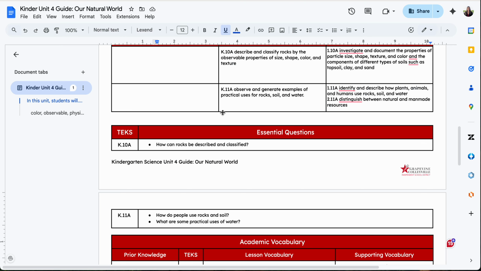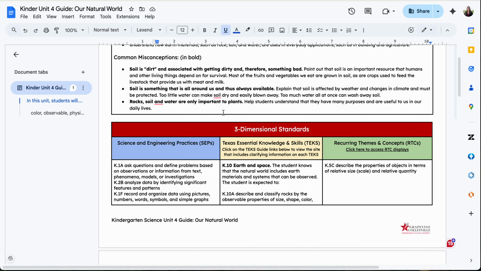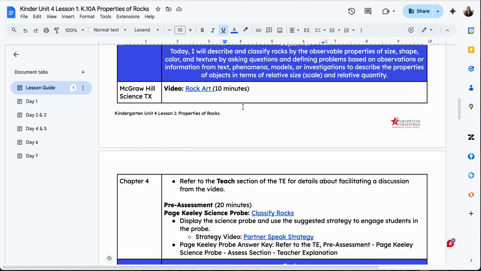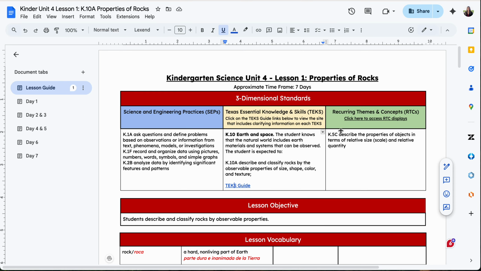Okay, so let's look at Unit 4, Kindergarten, as an example, and we'll go down to Lesson 1. In Lesson 1, we have the recurring theme and concept, describe the properties of objects in terms of relative size and relative quantity.